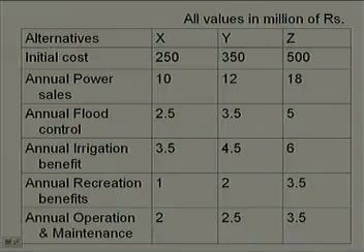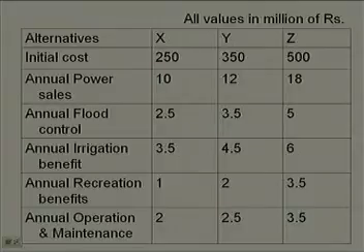Now, I will give you the table, you can note it down. All values are in millions of rupees. So, for alternatives X, Y and Z, you are given the initial cost, the annual power sales value, annual flood control value, annual irrigation benefit, annual recreation benefit, and annual operation and maintenance.